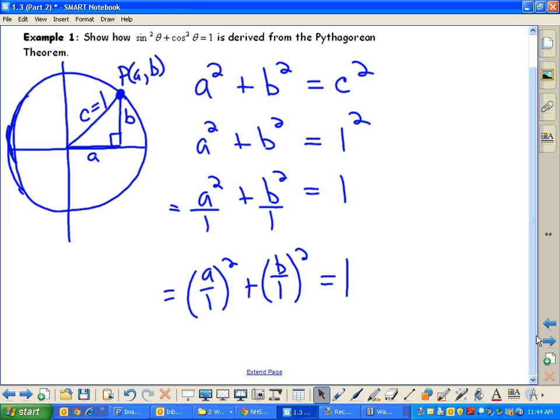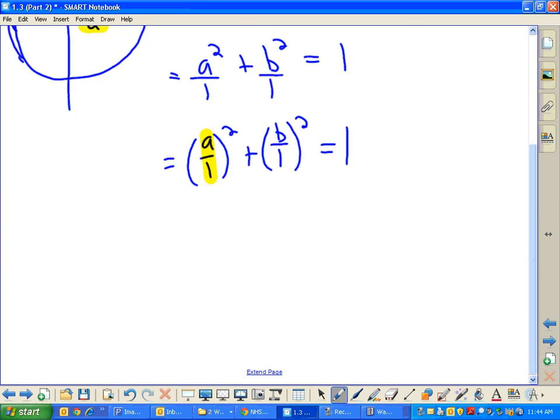We're going to break these two pieces apart. See this a over 1 right here? For my angle theta, a over 1 is my adjacent side over my hypotenuse. So I have adjacent over hypotenuse, squared.